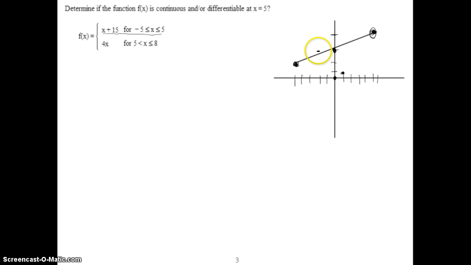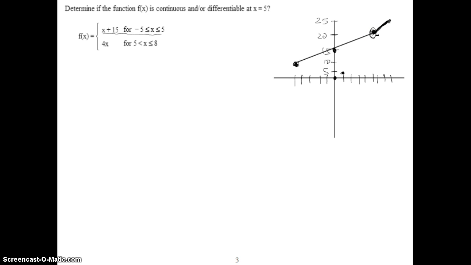So if this is 5, this is 10, this is 15, this is 20, this is 25, we're going to be going up to 24 at 8. So do you see that the second part of the graph looks like that?